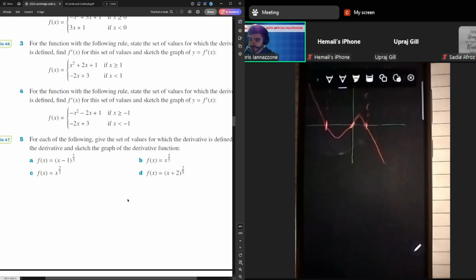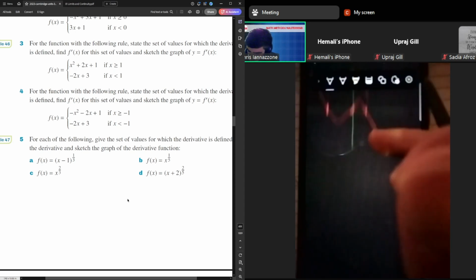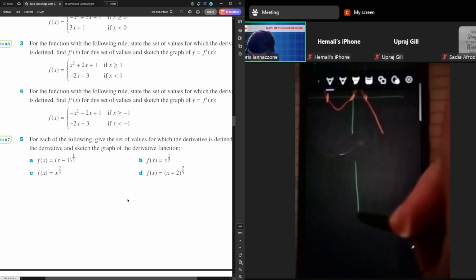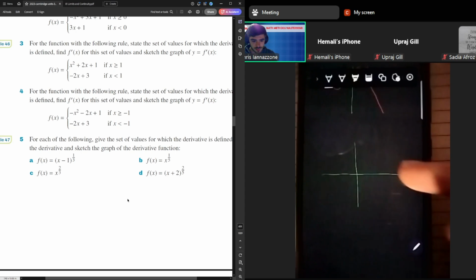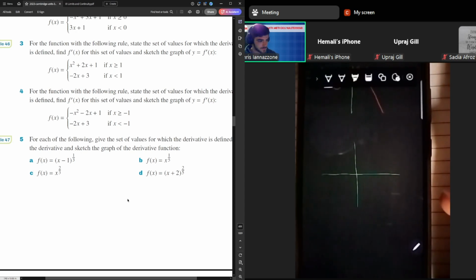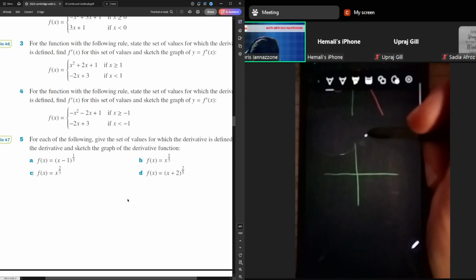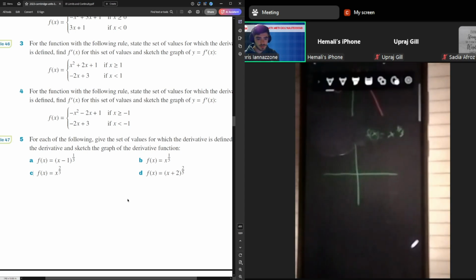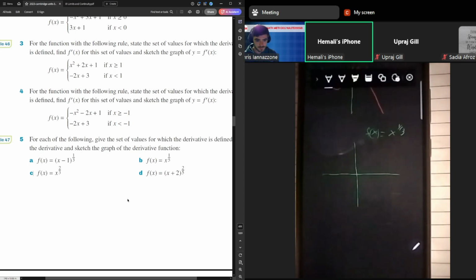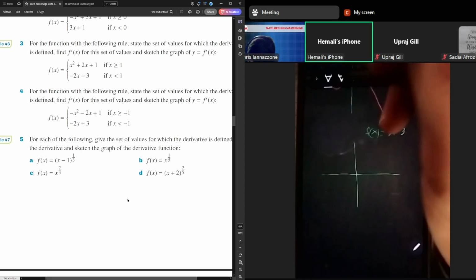Maybe one thing we'll do is look at a reference function. Do you know what the shape of x to the power of a third is? Just basic old f of x equals x to the power 1 over 3. It's like a cubic, but you put it horizontally.